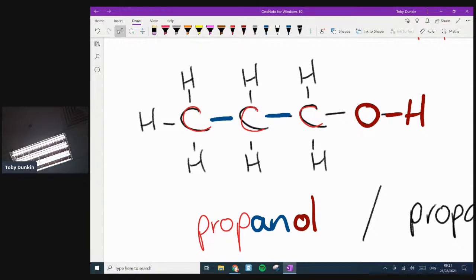Low boiling point. There are no layers. Between the what? Molecules, thank you. We've got weak forces between the molecules.